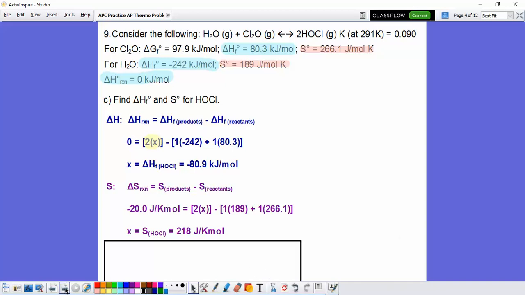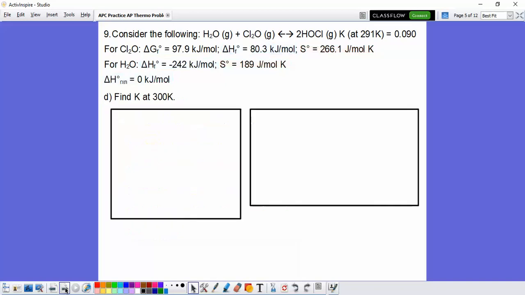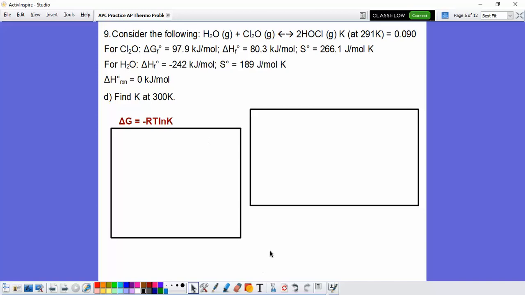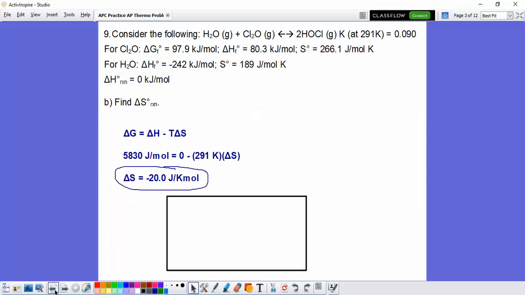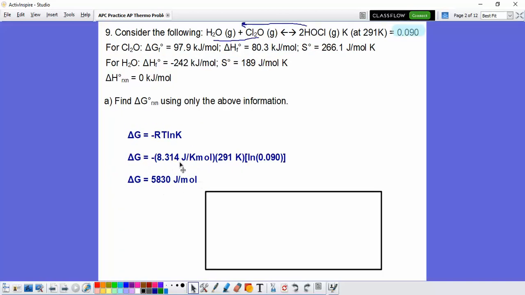All right, the next part of this problem is finding the equilibrium constant at 300 Kelvin. For this unit, the only formula we have that will help me find the equilibrium constant is the RT ln K equation. Now the delta G that we're going to plug in here, you might think it's going to be the 5830, but it's not.